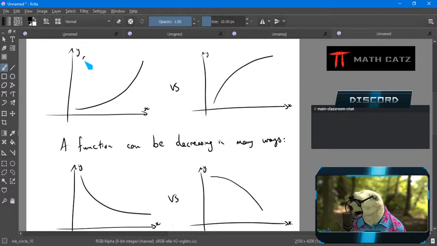So we're going to say here the graph is concave up. And this one as well. The bend is the same. So I'm focusing on how the graph bends, not how it sits, increasing, decreasing, because I've done that already.